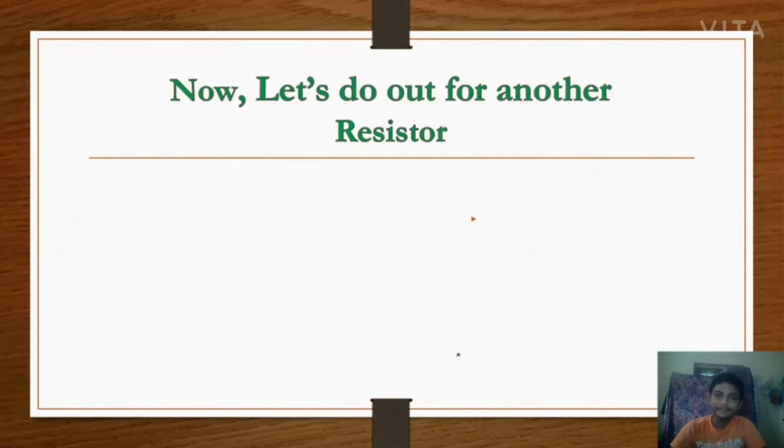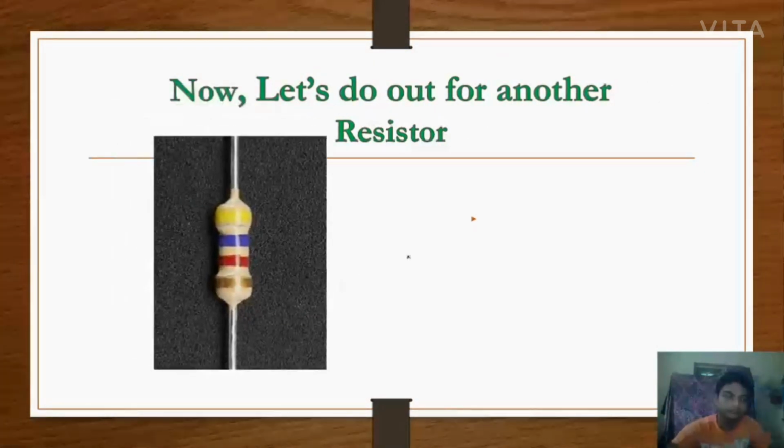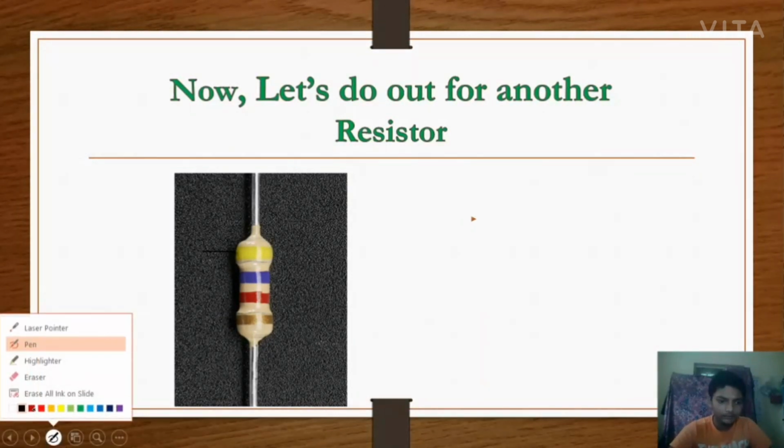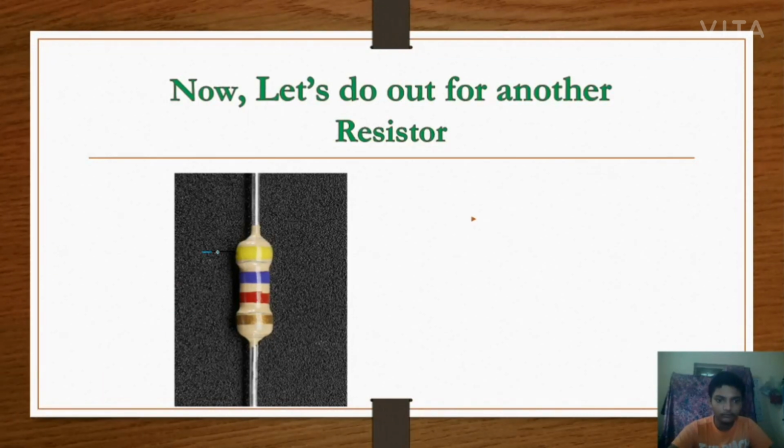Now let us do another resistor. What is the band 1? Let us first identify all the colors. It is yellow. It is blue.